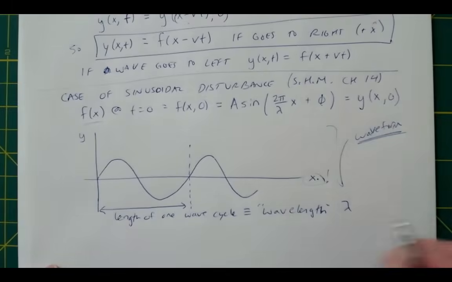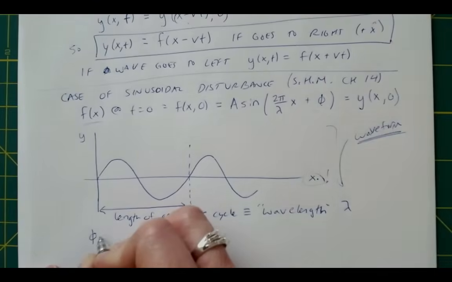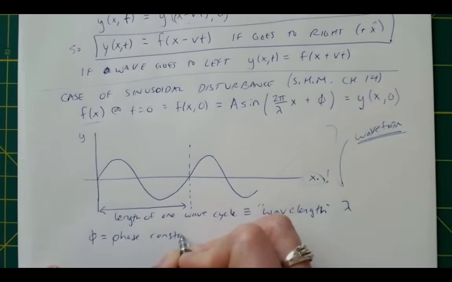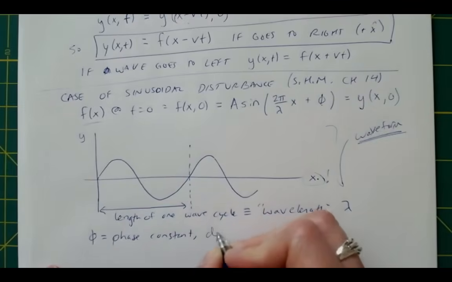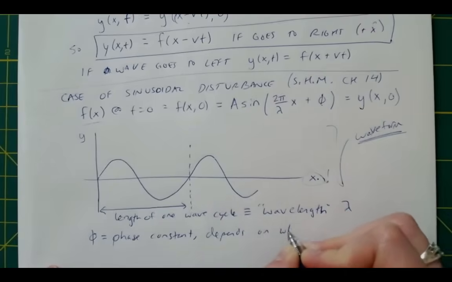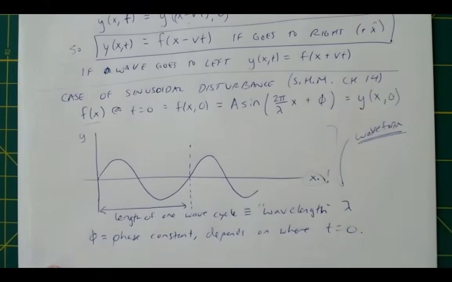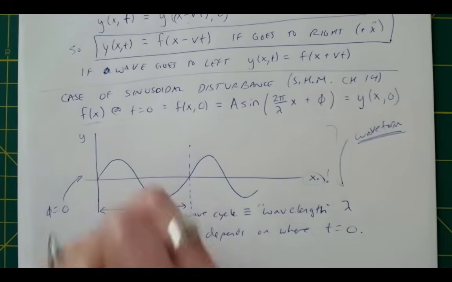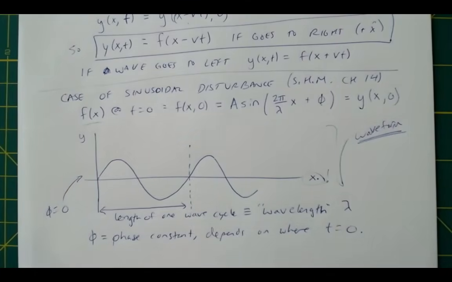Okay, so that's what lambda is, and then phi is again our phase constant, and that depends on where t equals 0 again. In this case, phi is equal to 0 for this diagram.